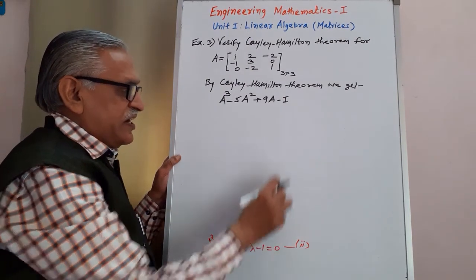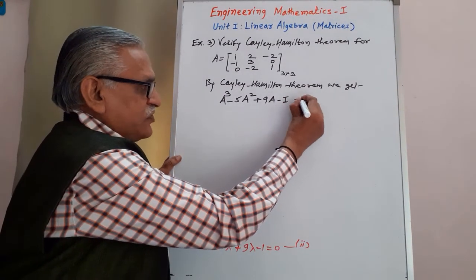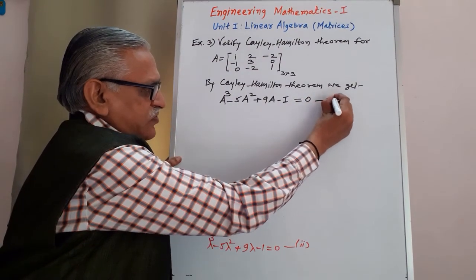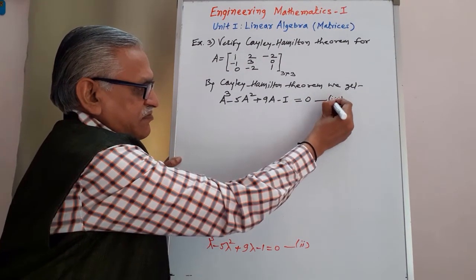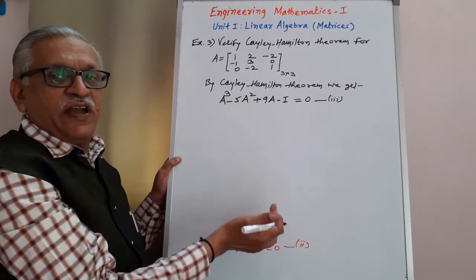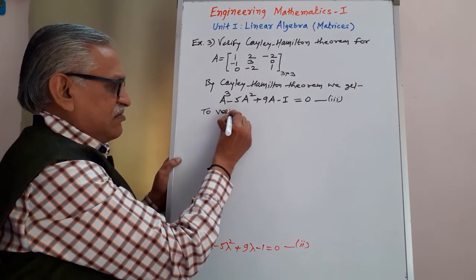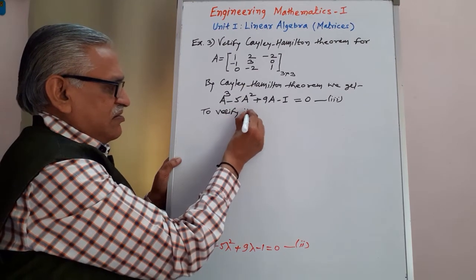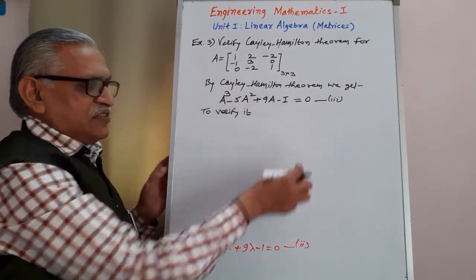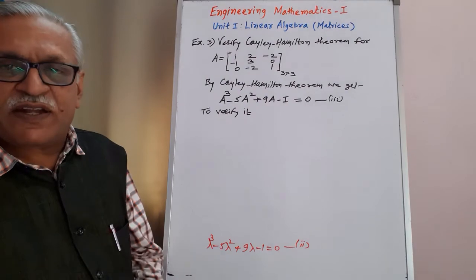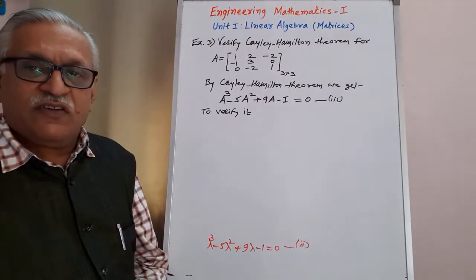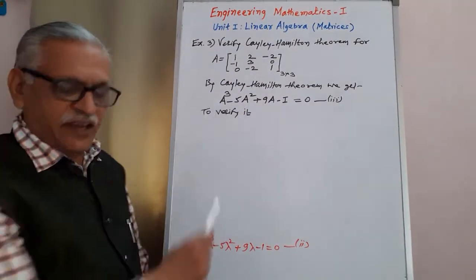Therefore 1 into I we get I, equals 0. We call this equation 3. And then we have to verify it. To verify it, we require to find the sum of all this as null matrix or zero matrix. For that, we have to find A square and A cube matrix.